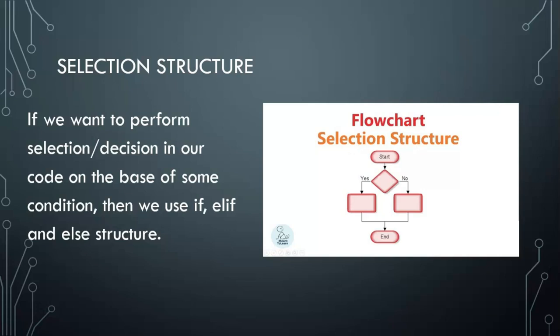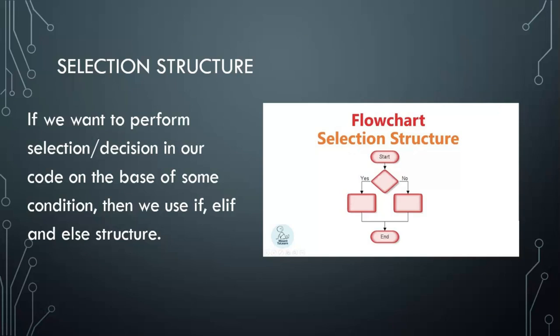First one is sequential, in which a program is run line by line sequentially, and second structure is selection structure, in which we run our code on the basis of some condition, and third and last structure is loops, in which we use iteration to perform our task. If we want to repeat any task, then we use loops. In this video I will teach you selection structure that uses some condition to perform actions.